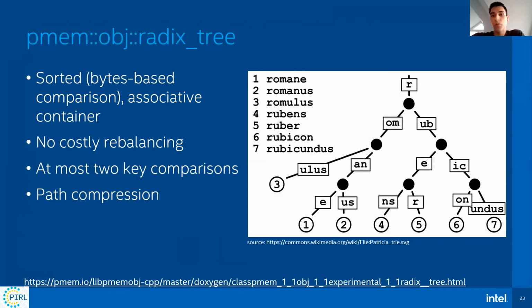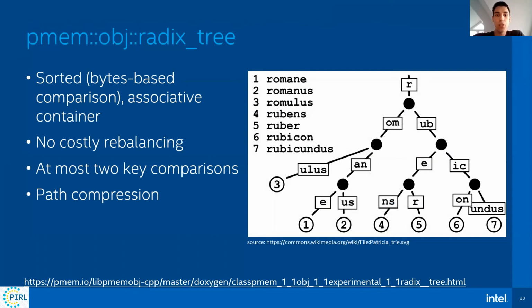We use those parts to navigate through the RadixTree. To find an element, we just take the first character or byte of a key and use that to index the children's array. We follow the edge to the child and proceed with the next byte. As you can see in this example on the right, for Romulus, some bytes might be skipped if there is no ambiguity. This is called path compression. So in some circumstances, edges can represent multiple bytes.